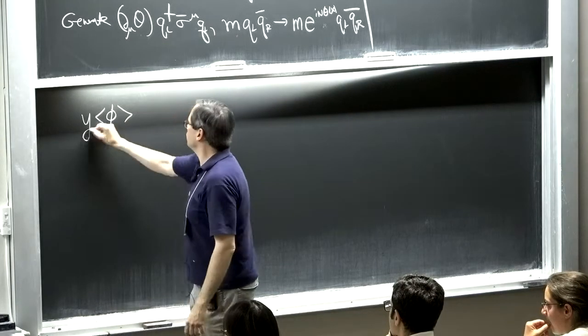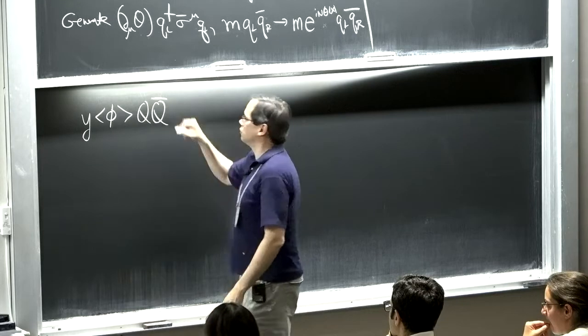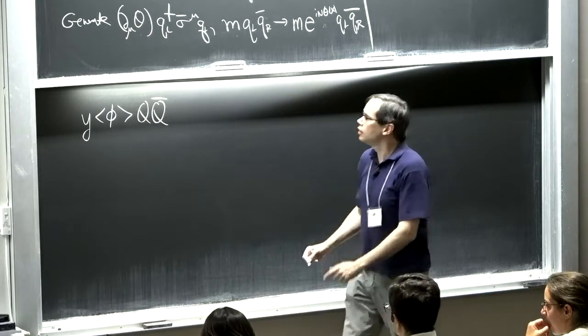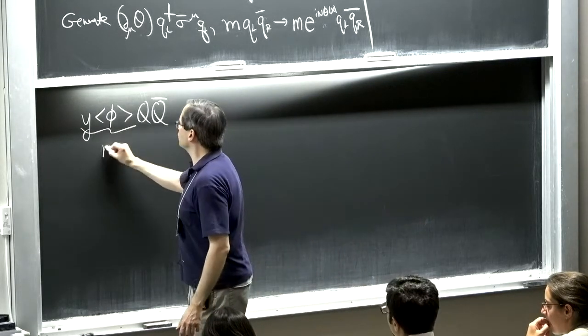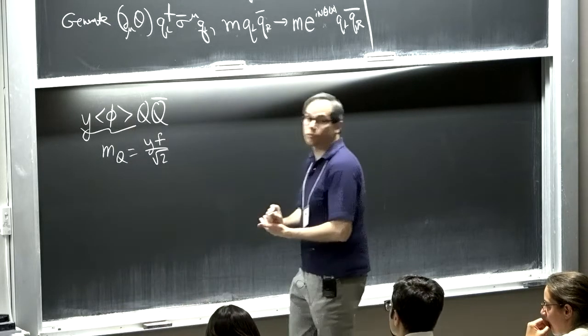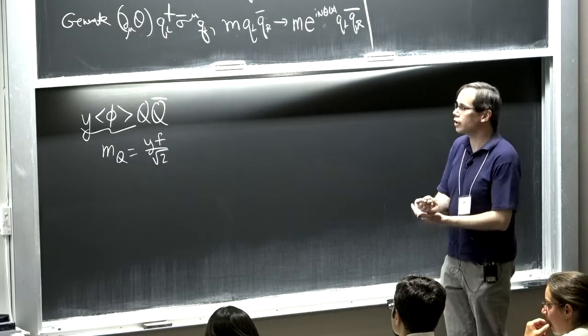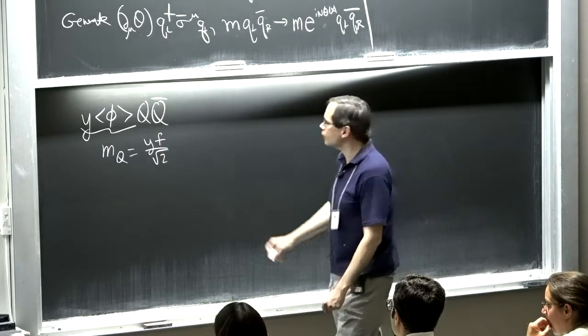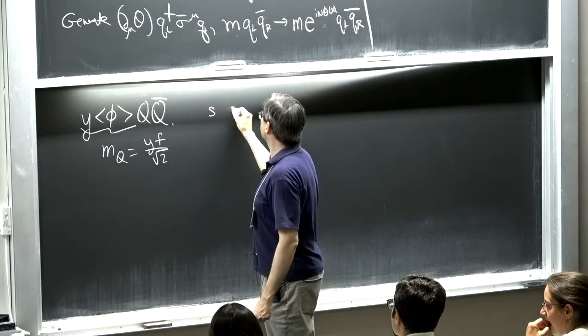We had this Yukawa coupling of phi to q and q bar. So that turns into a mass when we plug in the vacuum expectation value of phi. The mode S gets a mass.